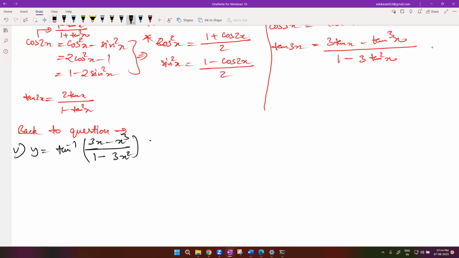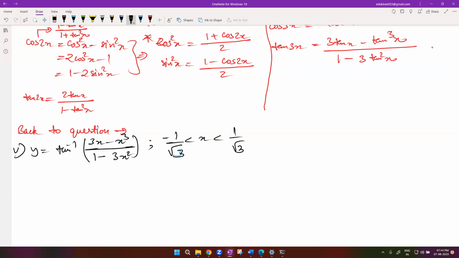Now first observe that if you solve this by chain rule, this will be a very lengthy question. You won't be able to solve it easily, and there will be a high chance that you make a mistake.